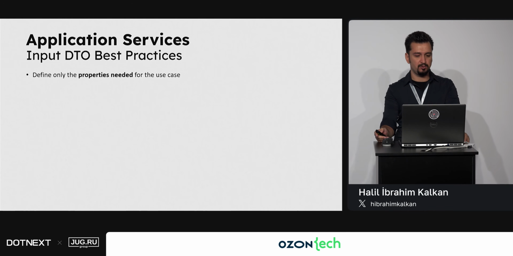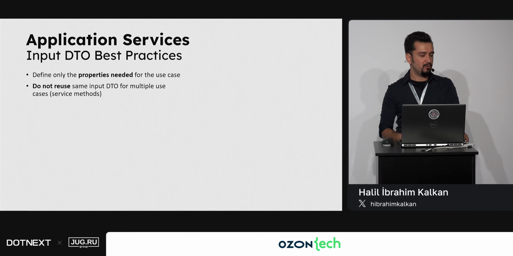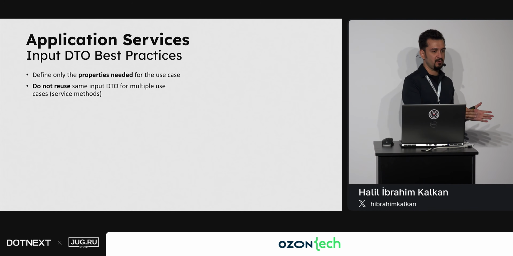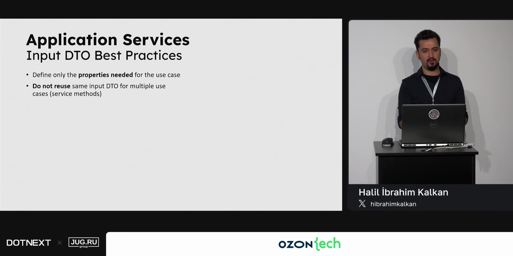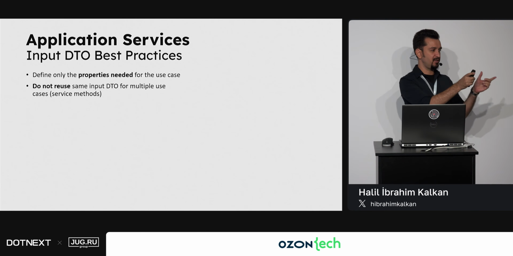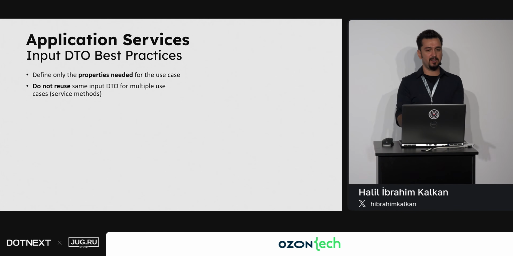It's a very important rule, and you may ask yourself why you would define more properties, but it happens. It happens because you want to reuse the same DTO for multiple use cases. So don't do that. If you do that, when you change the data transfer object because of the change of a use case, it affects another use case. For example, you add a new property that is required, but it is not required for the other use case.